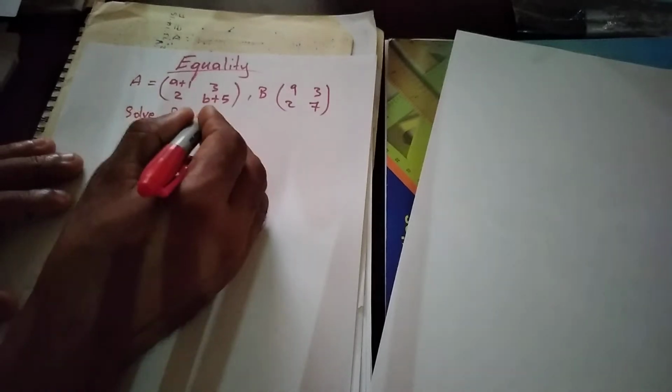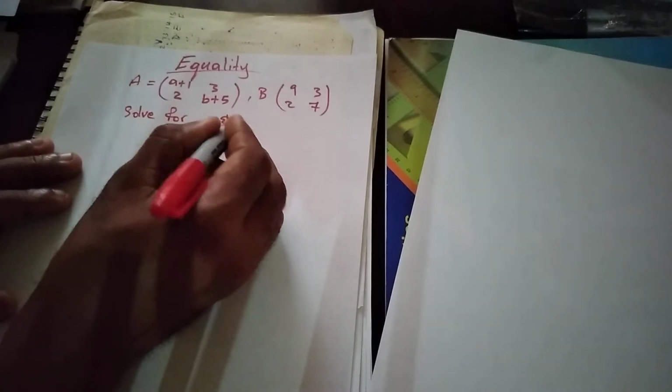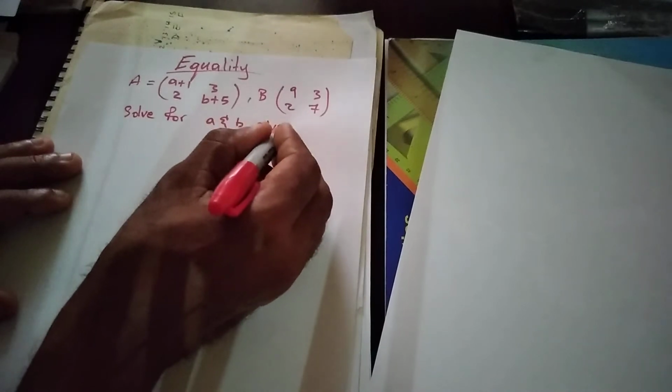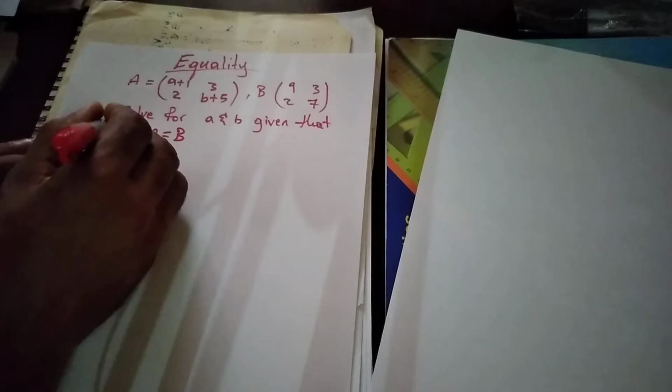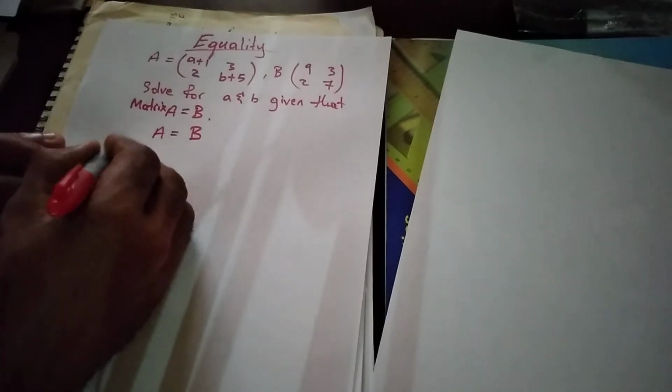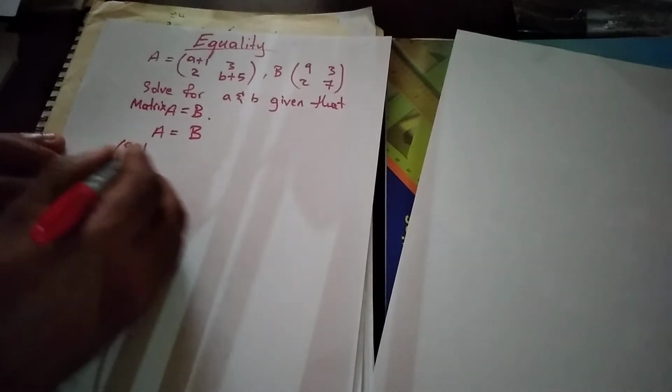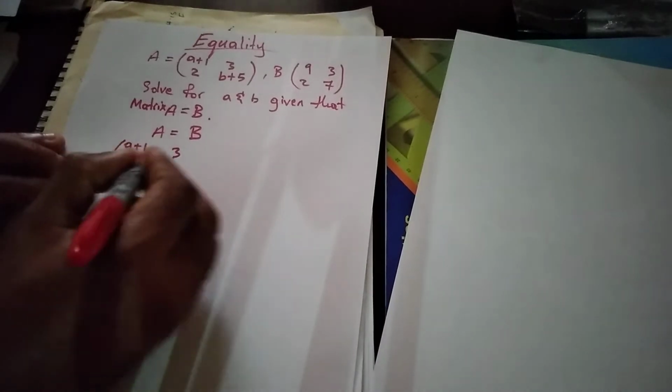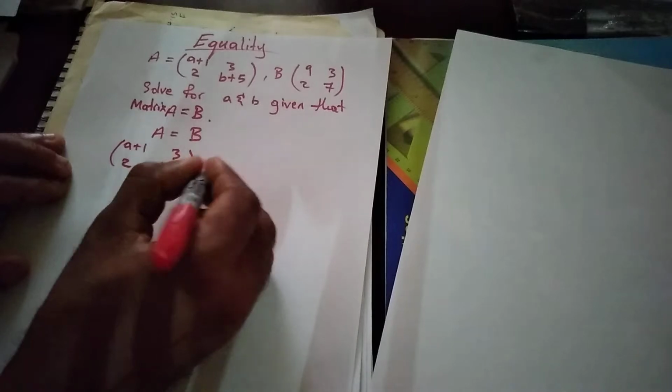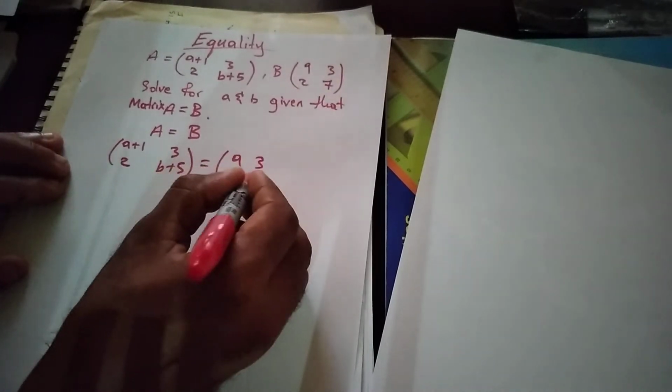And this is solve for A and B, given that matrix A is equal to B. What they're saying is that A is equal to B. So matrix A is A plus 1, that's the first element, 3, 2, B plus 5, is equal to 9, 3, 2, 7.